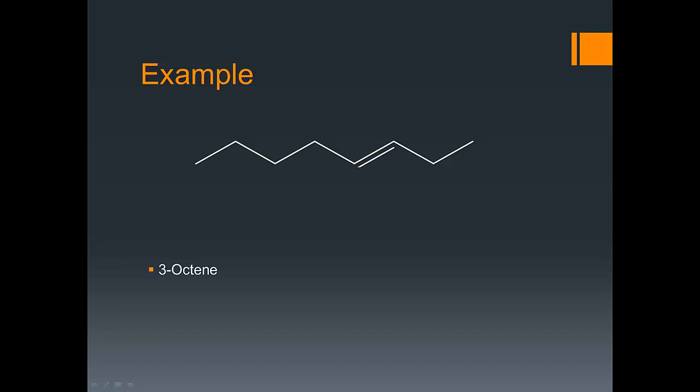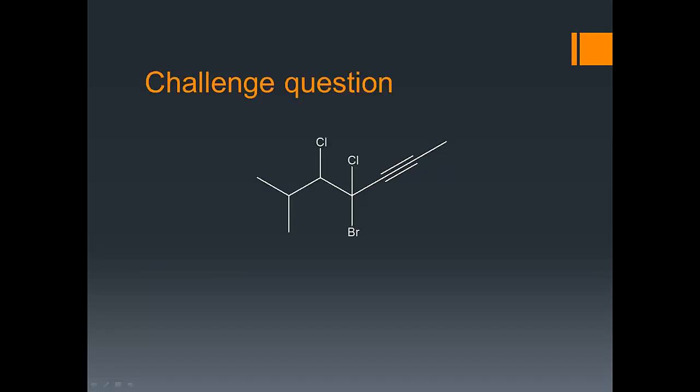Moving along, here's a challenge question. If you've been following along and you're thinking, yes, this is easy, this one's a little bit trickier. Now, how many do we have in the longest carbon chain? 1, 2, 3, 4, 5, 6, 7. Do we number from the left-hand side or the right-hand side?